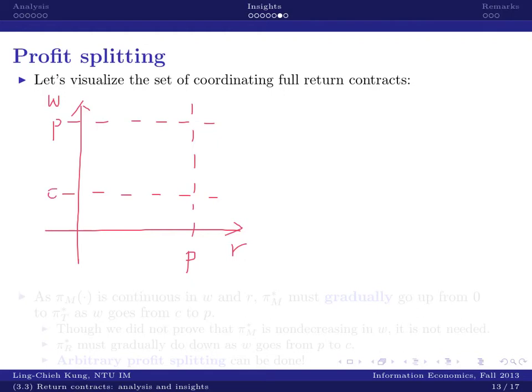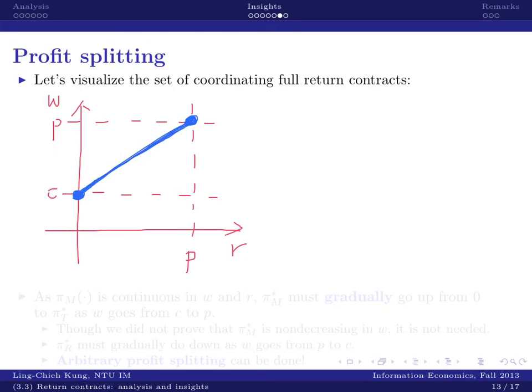Now, something I know from the previous slides is that one possible alternative is to offer a contract where the wholesale price is so low and the return credit is zero. That's one extreme. Another extreme is here: I'm offering a very high wholesale price, but I need to give you a very high return credit. And you know the set of coordinating contracts lies on this line segment.